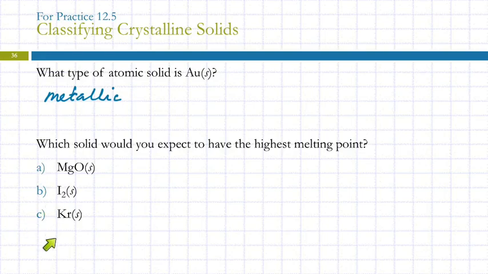We also ask questions like this: which solid would you expect to have the highest melting point? Before we look at the compounds or the substances, what affects the melting point? The bonds, the forces that are holding the particles together, right? The stronger those forces are, the higher the melting point.